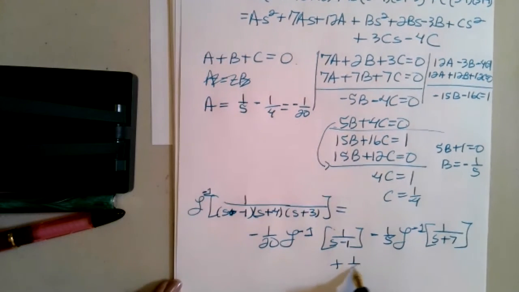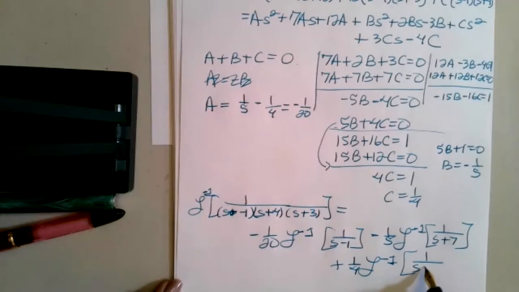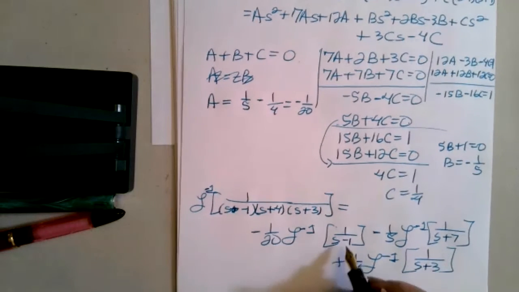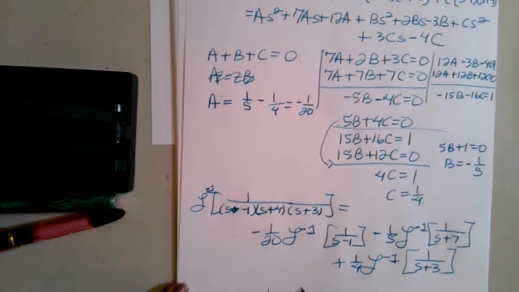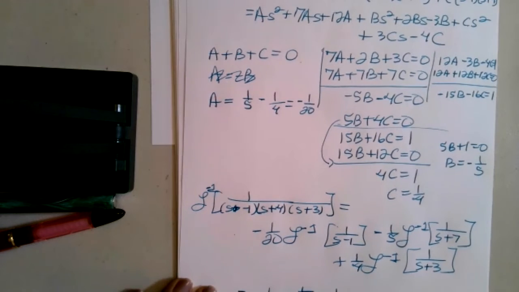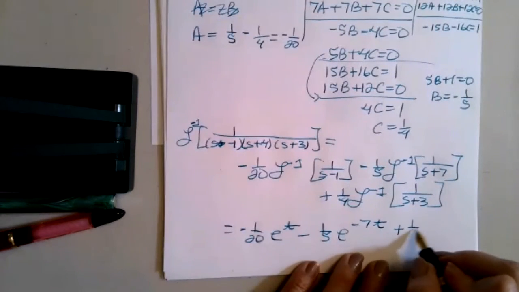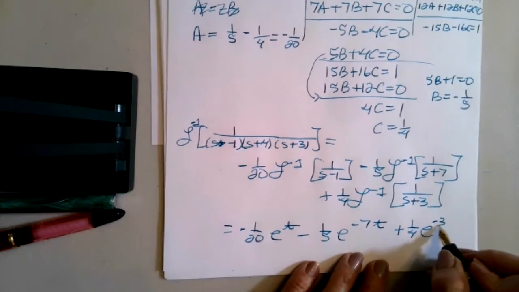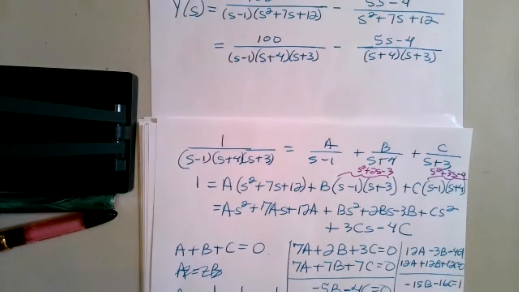And then we have 1/4 the inverse Laplace transform of 1 over s plus 3. So this will be equal to minus 1 over 20 e to the t minus 1 over 5 e to the minus 4t, and then 1/4 e to the minus 3t. Okay, so that's the inverse Laplace transform for this first one, except you must multiply by 100.